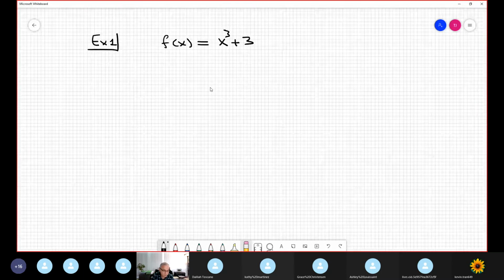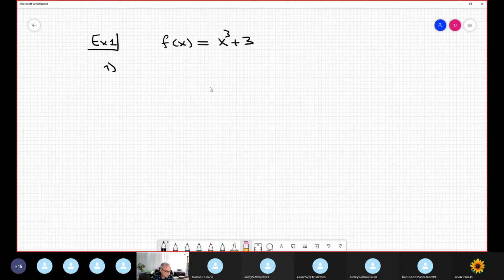What do they want? Well, they want several steps. Step 1 is to determine if this function is one-to-one.